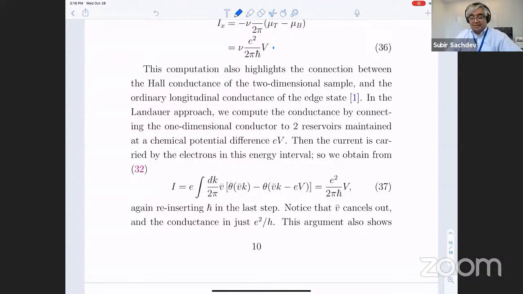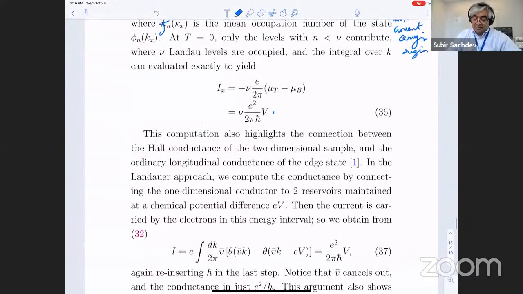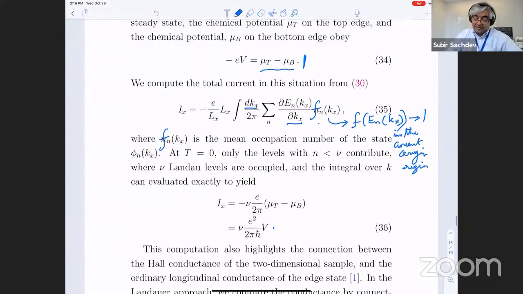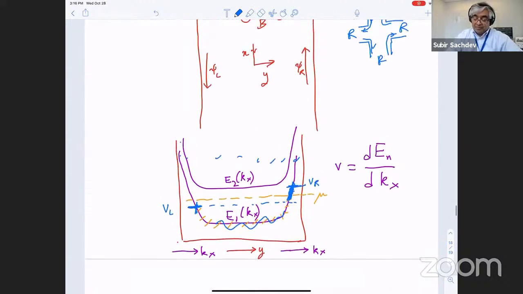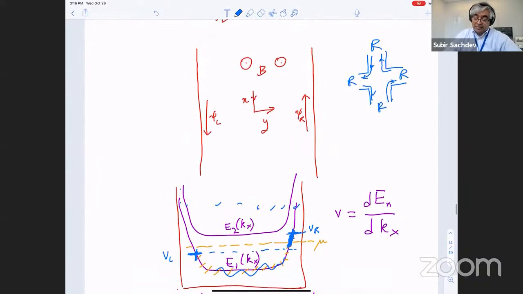And in the end, when the dust settles, what he shows very nicely, which I will not reproduce here, is that the Hall conductance essentially reduces to the ordinary conductance in 1D of this wire. You can just think of the edge as a wire that's carrying some current. And for that wire, you compute the conductance.